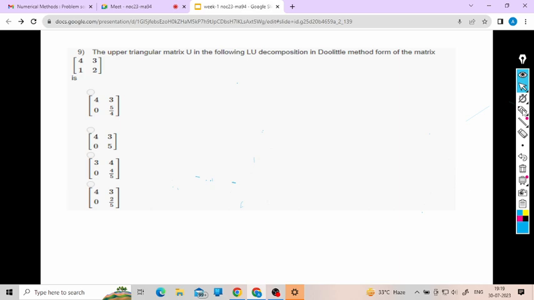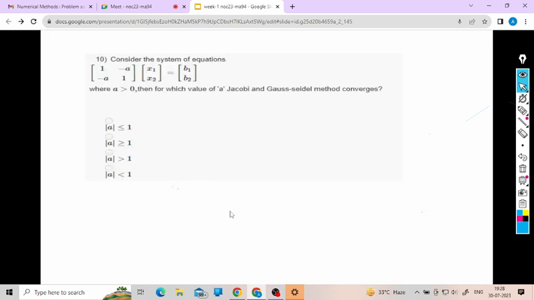Anyone? So Sumit is saying that a is less than 1, that is, modulus of a less than 1.